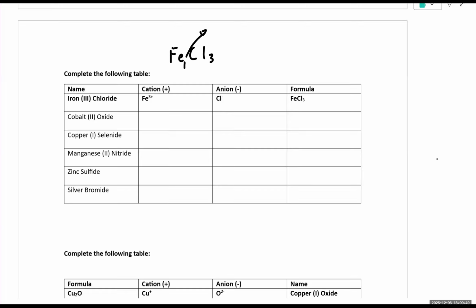We cross the subscript into the corresponding ion's charge. That gives us a predicted charge of Fe3+ and Cl-. Now, transition metals can have variable charge, and the exact charge of the transition metal is not just indicated by the formula, it's also noted in the name. So for iron 3 chloride, this 3 tells us we're dealing with iron 3+.